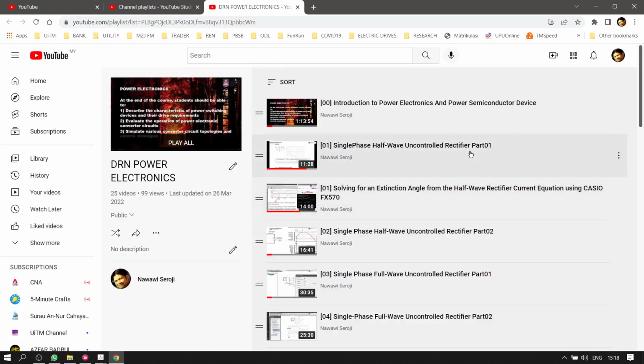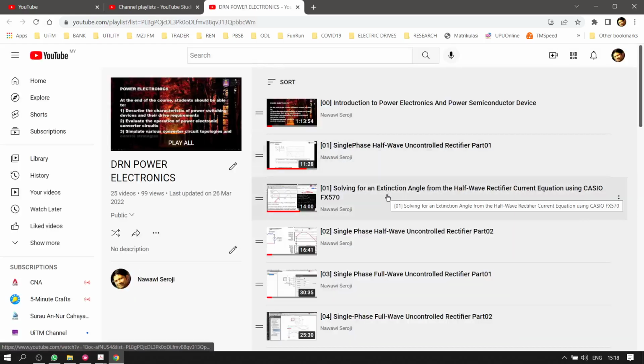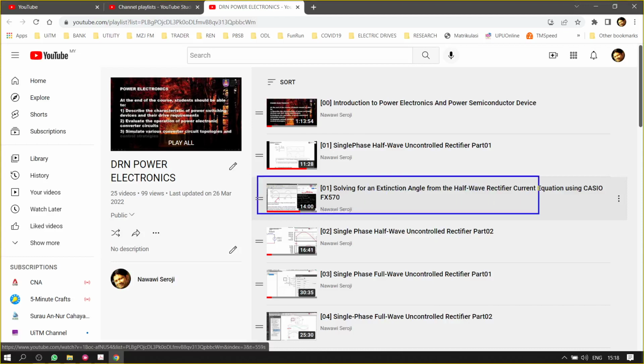Go to this playlist and look for that one: single phase, solving for an extinction angle from the half wave rectifier current equation. So this is using the half wave rectifier uncontrolled version, right? But it shows you how to use the calculator to find beta. So you can apply that for the single phase full wave controlled rectifier as well, right?